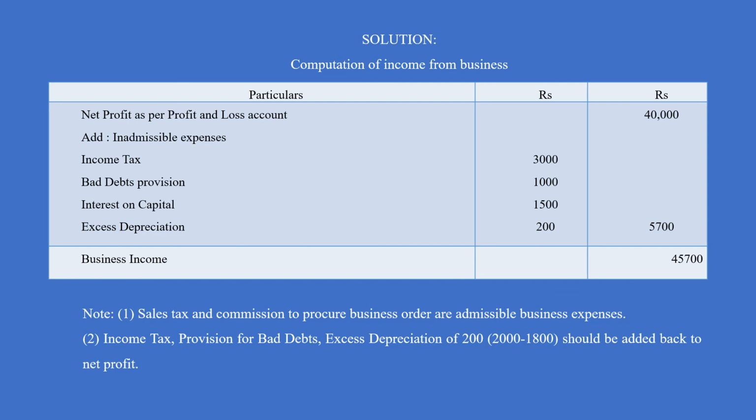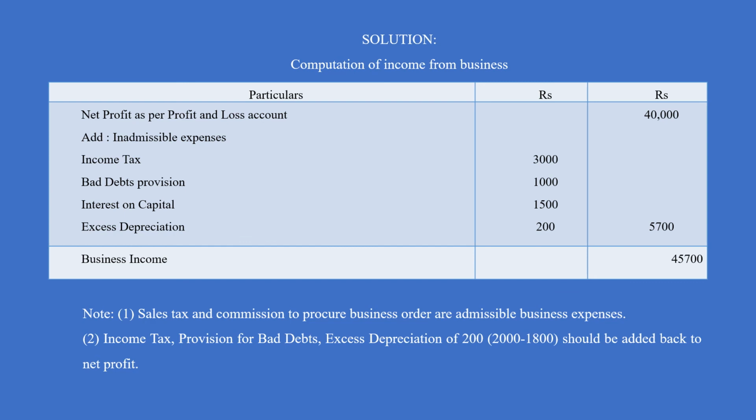Why are you adding back all these? It is because your net profit is from your business income only. But in this net profit, whatever is not related to business is also deducted. So that is why you are going to add it back and show only the profit that belongs to business income.